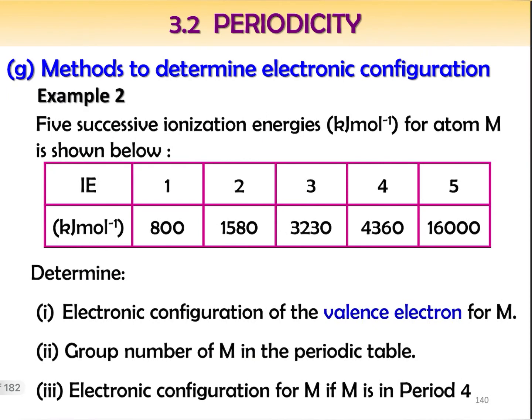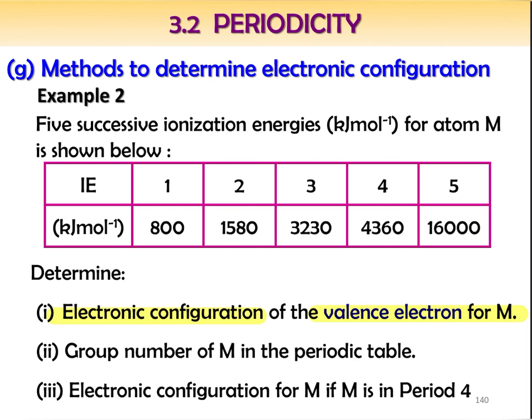Okay. Right, so now let's have a look at this example. Example 2, you are given few data. Okay, first IE sampailah fifth IE for atom M. So, write the electronic configuration for valence electron. So, ini tengok betul-betul ayat dia. Electronic configuration untuk valence electron M. Okay, bukan full electronic configuration ya.